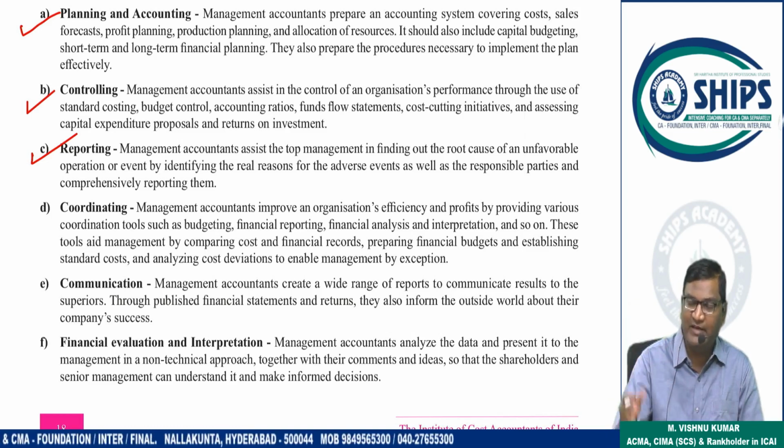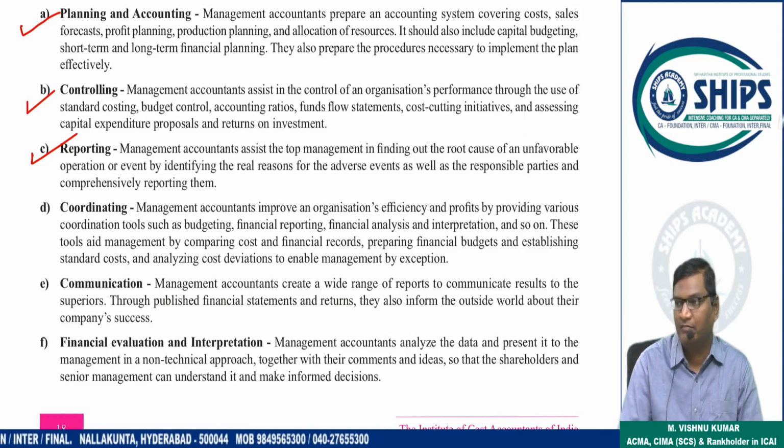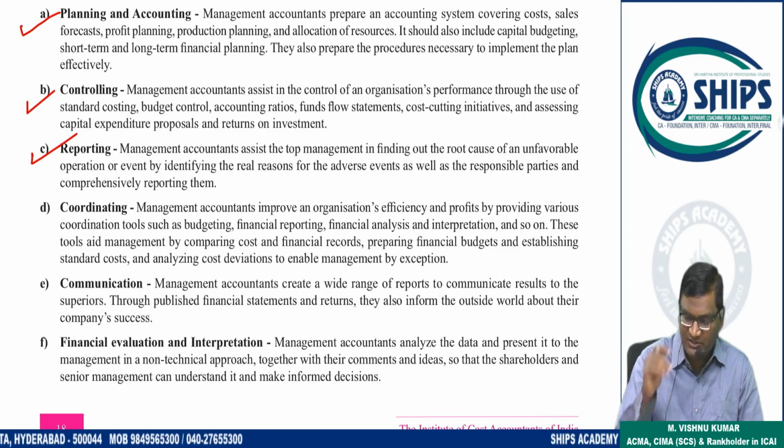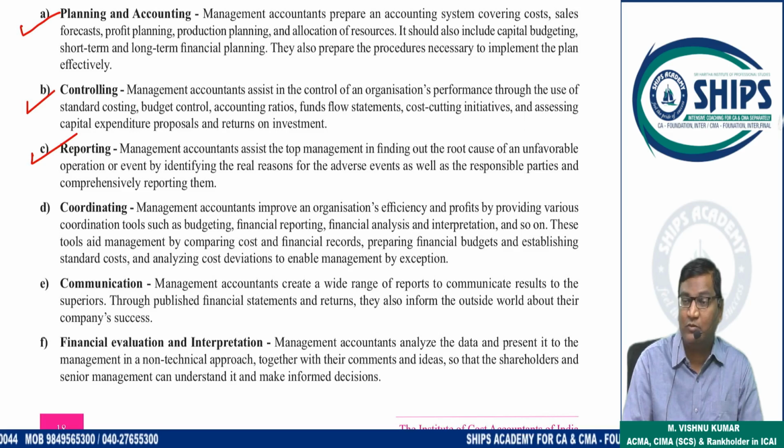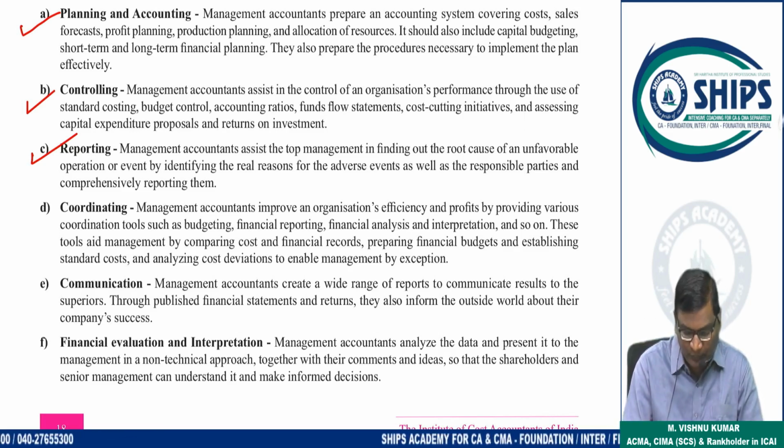So he has to guide and advise the management, and for that he has to report. Management accountant does not directly have the power to take decisions, because ultimately decisions will be taken by the board of directors and higher authorities. So he has to report to them. Ultimately he has to report. Clear?